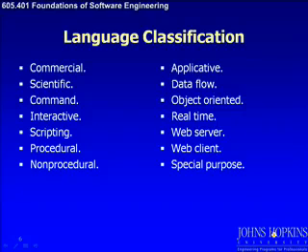An applicative language is both a style of writing programs as well as a category of languages that make it easier to write these applicative programs. What the word apply means here is that you apply a function to some data, and then the result of that function is applied to another function.